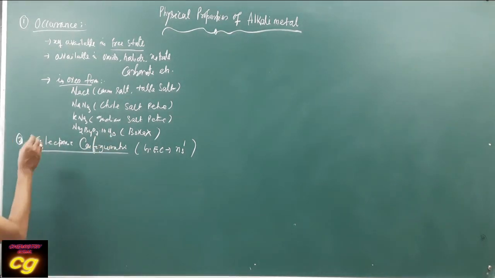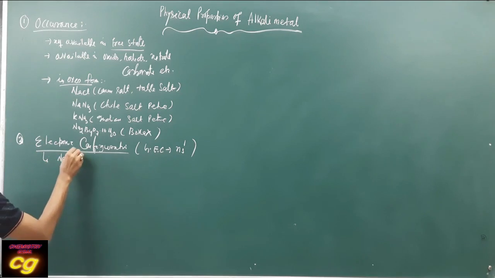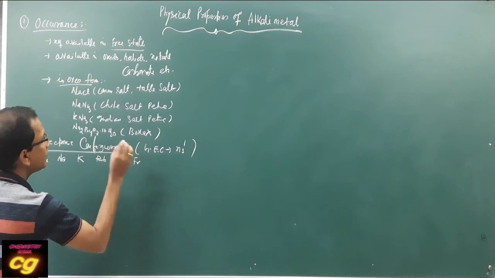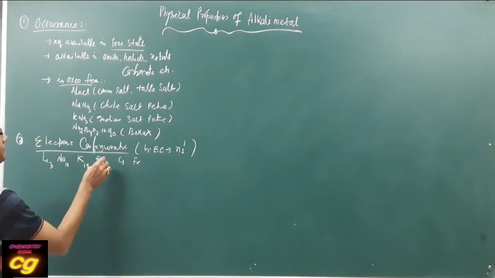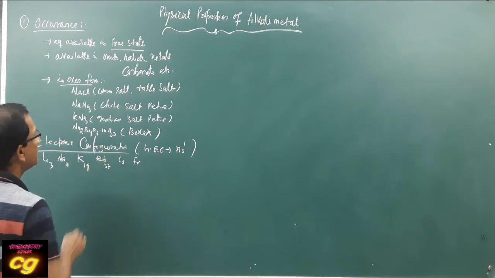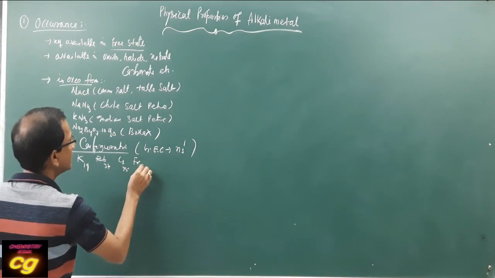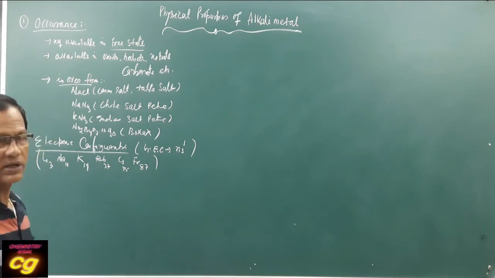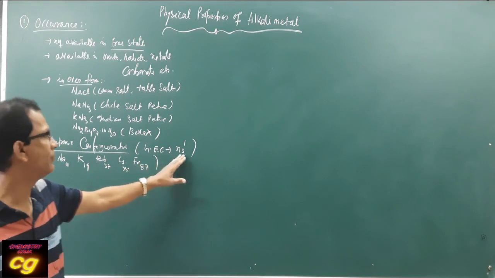The alkali metals, except hydrogen, are lithium, sodium, potassium, rubidium, cesium and francium. Atomic numbers 3, 11, 19, 37, 55, then 87.